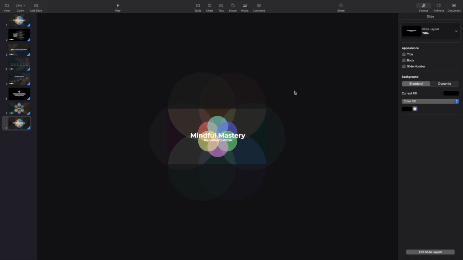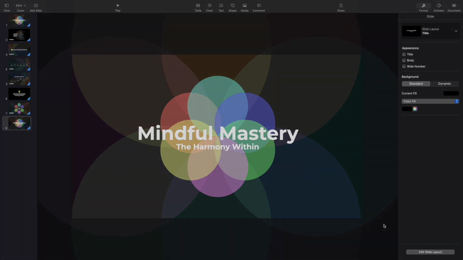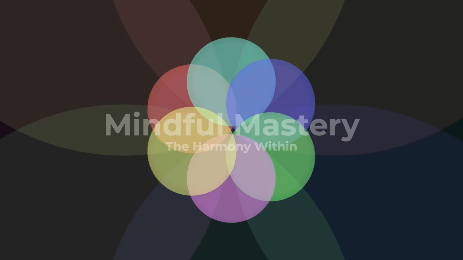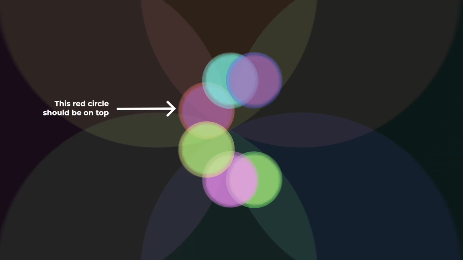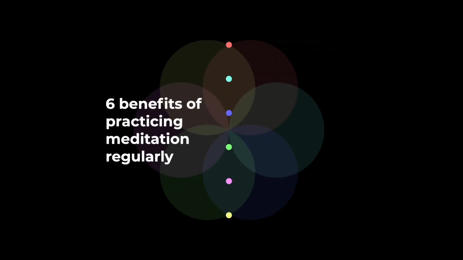Done! Now it's time to see the result. Wait! This red circle should be on top side of the bullets. Sometimes Magic Move doesn't recognize the object correctly. Now let's make a small fix.